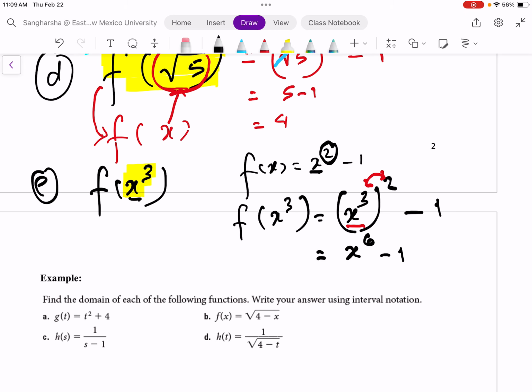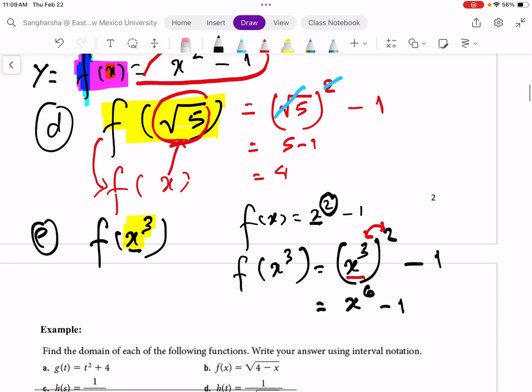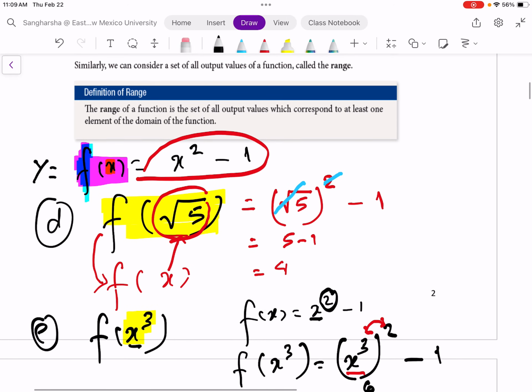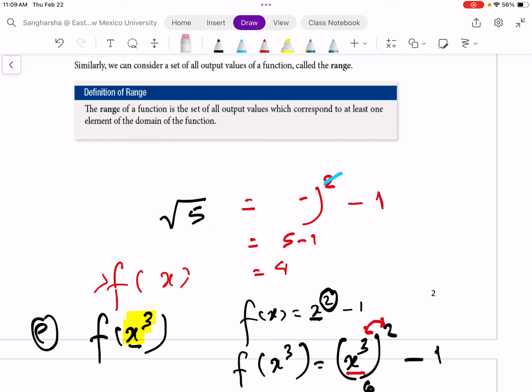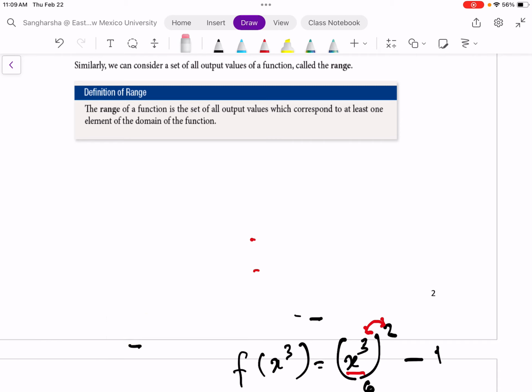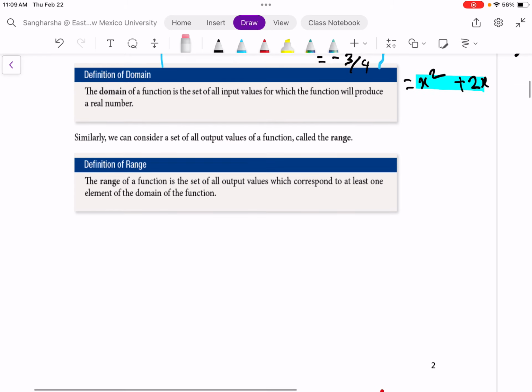Now I need to erase this one, so we're going to start the domain and range. Let me start from the very beginning, with the function.